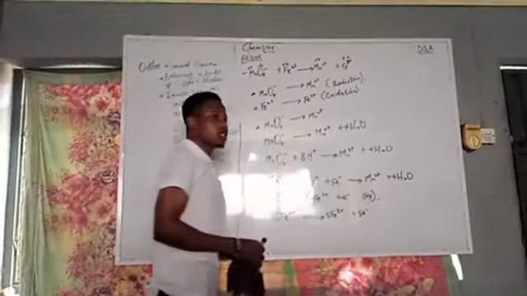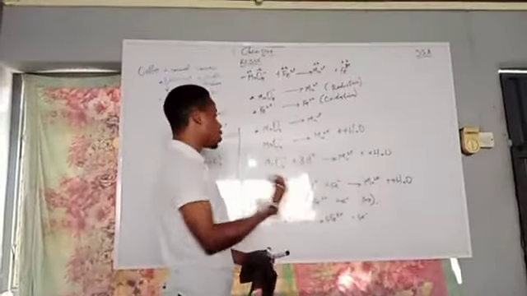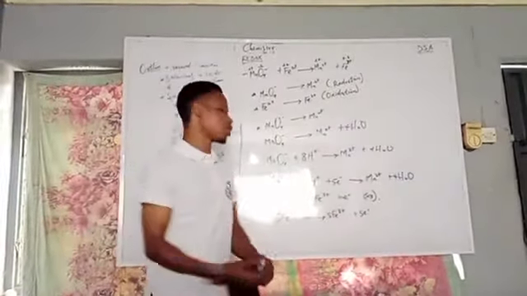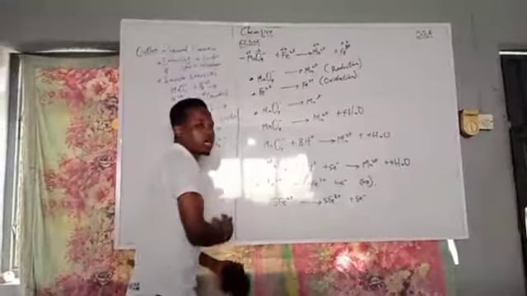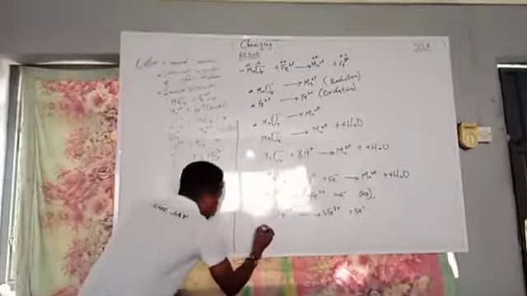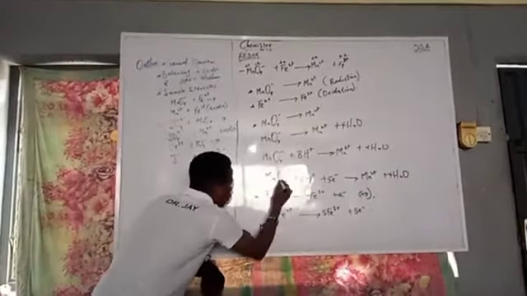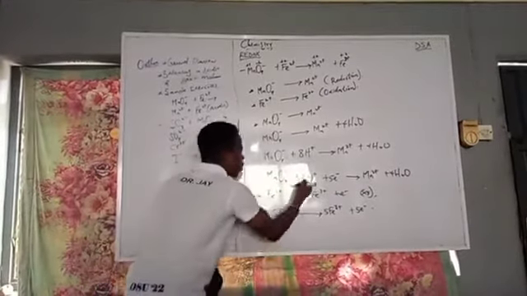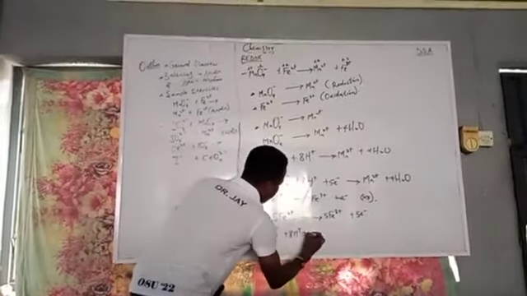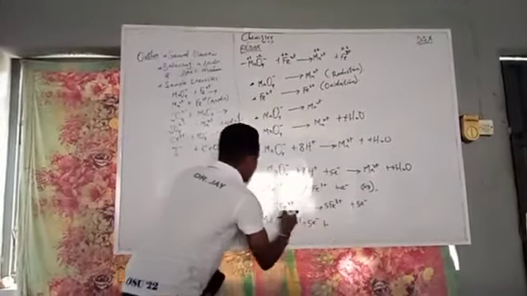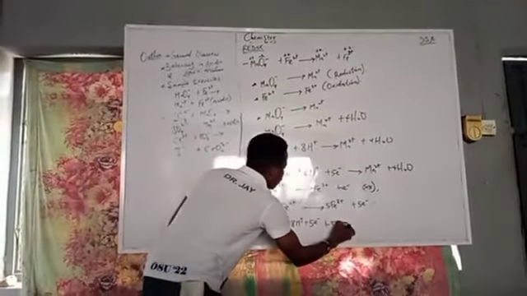So what you do next is sum up the oxidation and reduction to get the redox. So that's going to be, on the reduction side, reactant plus reactant, product plus product. Starting with the reduction, you have MnO4 minus, 8H plus, 5 electrons, plus 5 Fe2 plus.